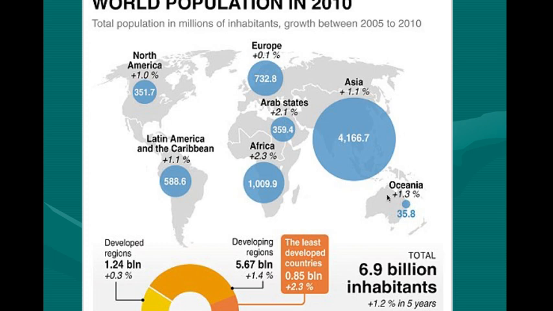So you can kind of gain some understanding. Africa is growing at its fastest. The Arab states, like the Middle East, are growing next. Europe is almost at a stalemate, so they are neither growing nor declining. And there are some things here that you can look at in regards to world population growth, just in a graphic form.